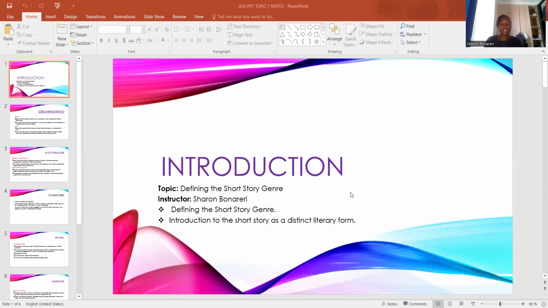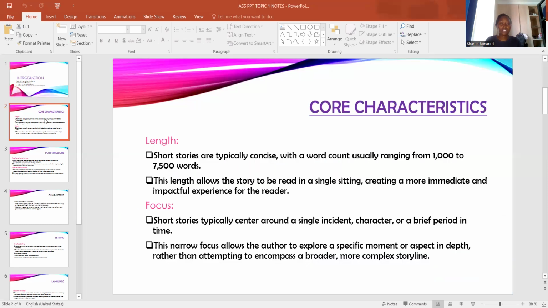So let's get into it. The core characteristics of a short story. By looking at the core characteristics, we will actually be giving the definition of a short story.